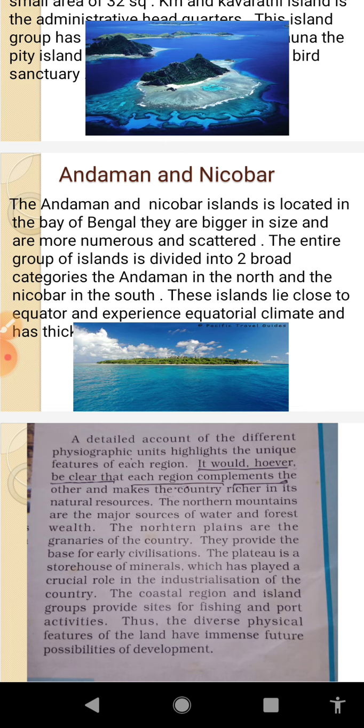One area may be rich in one type of resource, another area may be rich in another type of resource, but for the overall development of the country, it is essential that all the resources must be utilized and developed in a proper way, as per the requirements not only of the local people on a regional basis, but also in such a way that it may lead to the overall development of our country, and this can be done only if the resources are utilized in a planned manner.